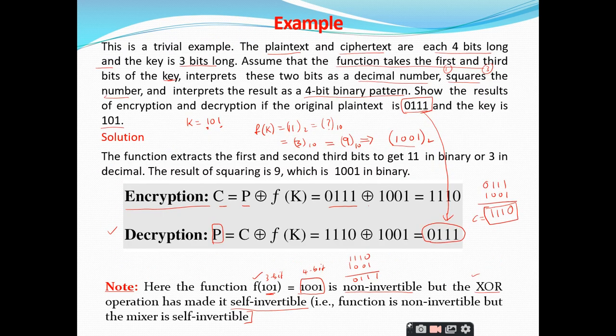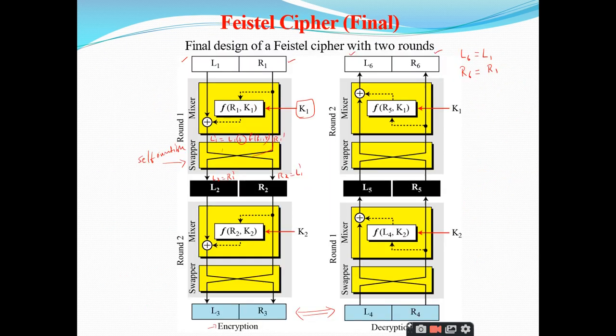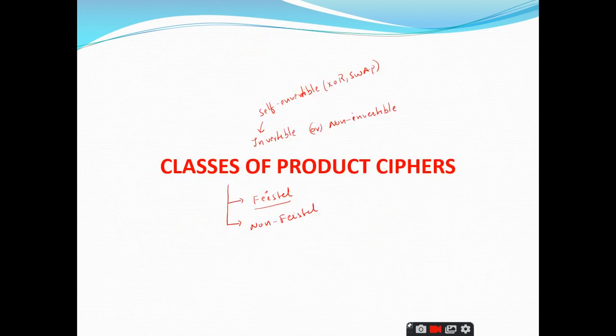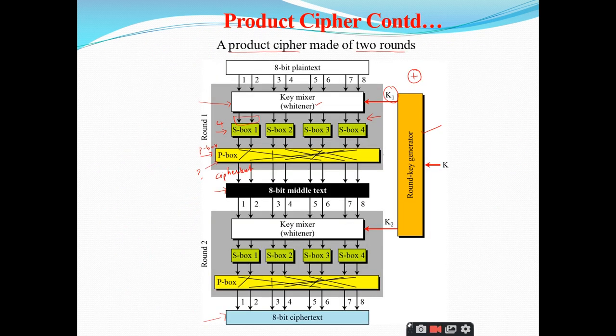Yes, sir. So in this figure, what is it that I am taking here? A mixer. A mixer is nothing but an XOR. Is it invertible or not? XOR is invertible or not? Yes, sir.